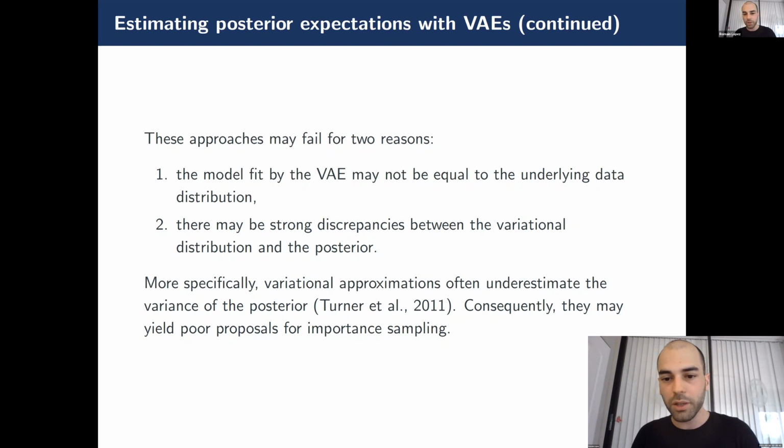This is particularly important because variational inference underestimates the variance of the posterior. So if you try to use it for importance sampling, thinking that you get an unbiased estimate of your quantity, you have a huge variance because you don't really cover the whole mode, or you don't sample enough, and you're very localized. This can have disastrous performance for many applications.